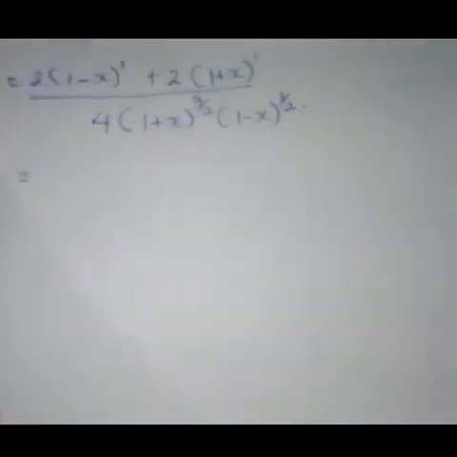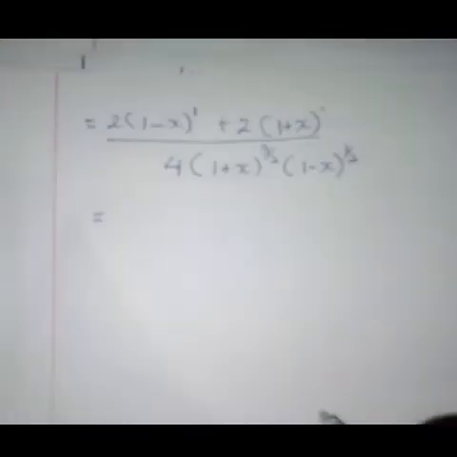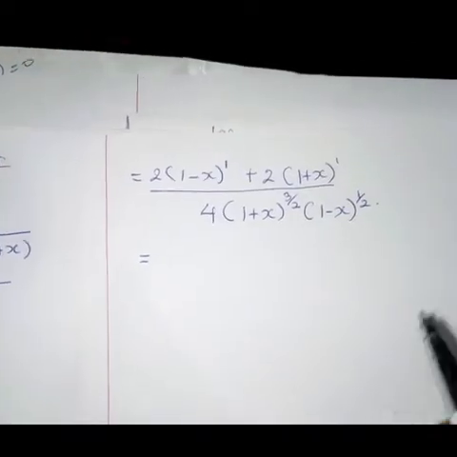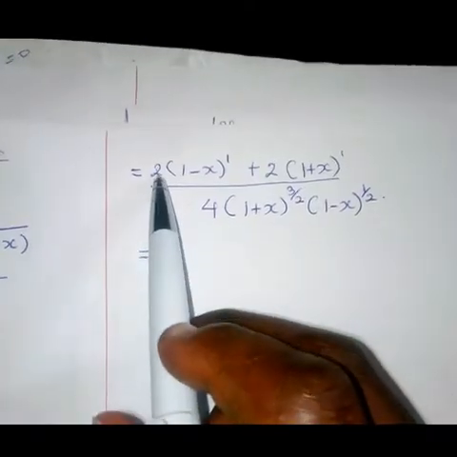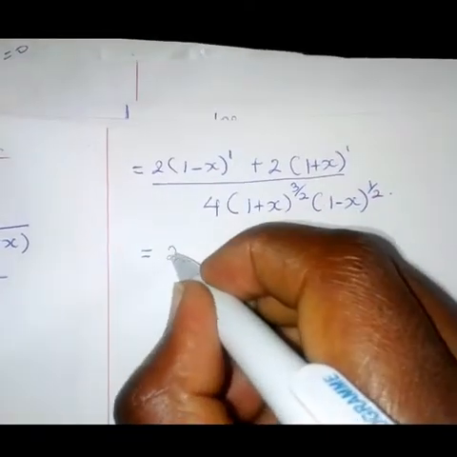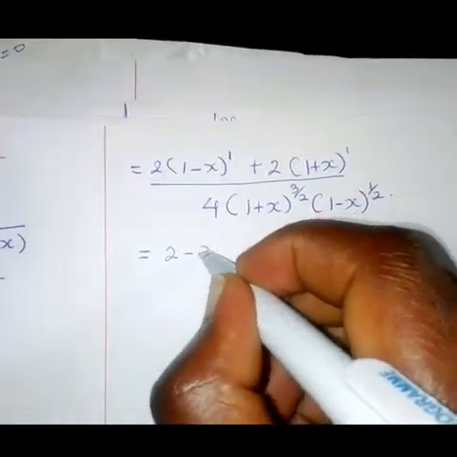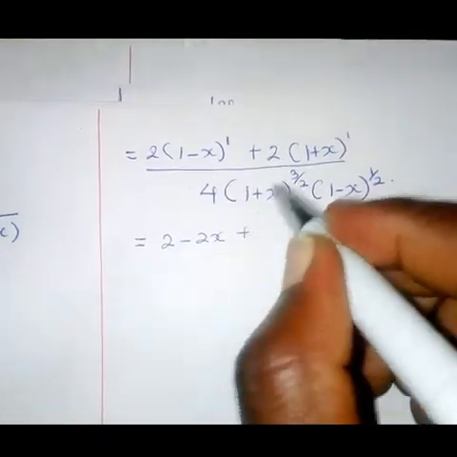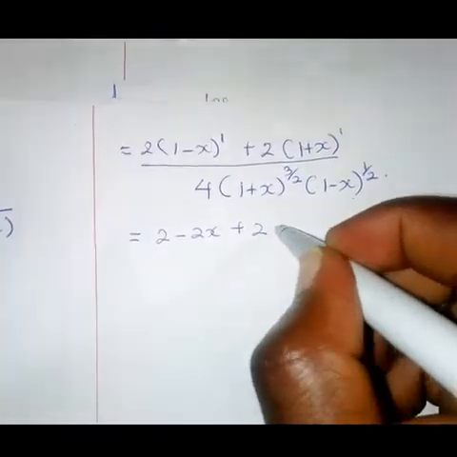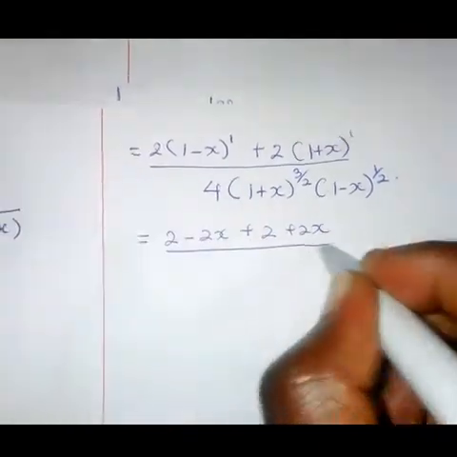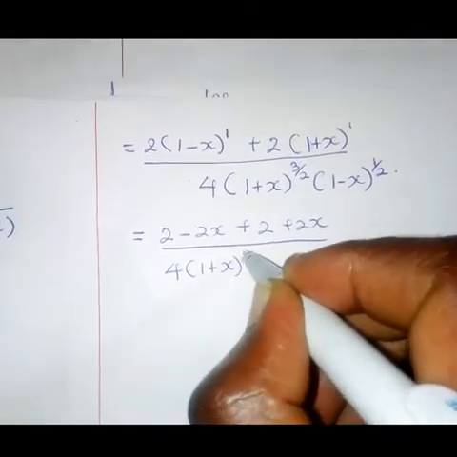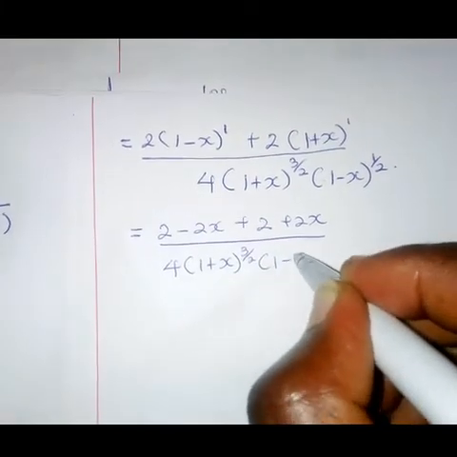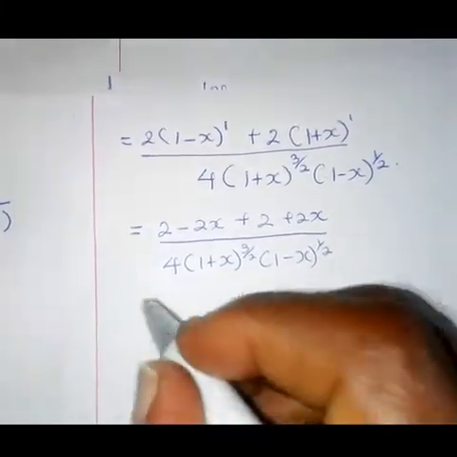So we can simplify further when you look at the upper part. And we shall have, since this power is 1, then 2 can enter, such that I have 2 minus 2x plus 2 plus 2x out of 4 into 1 plus x to the power 3 over 2, 1 minus x to the power 1 half.